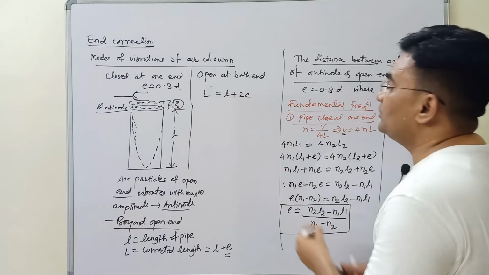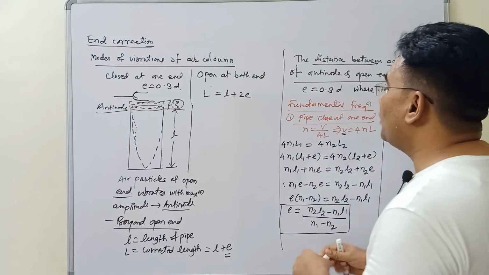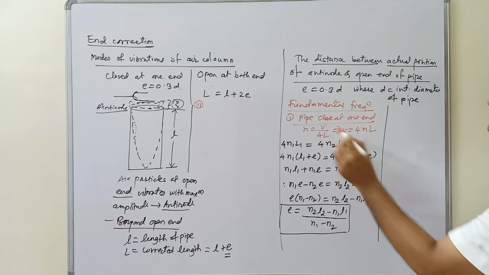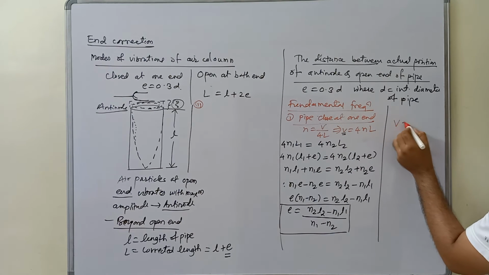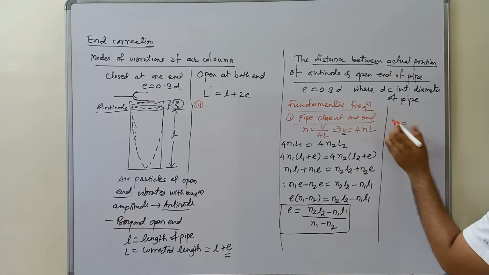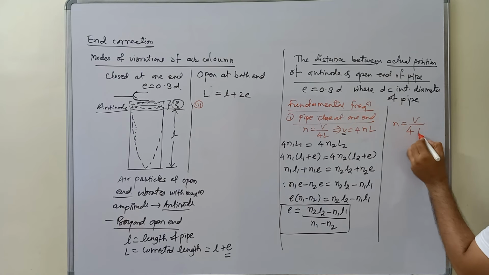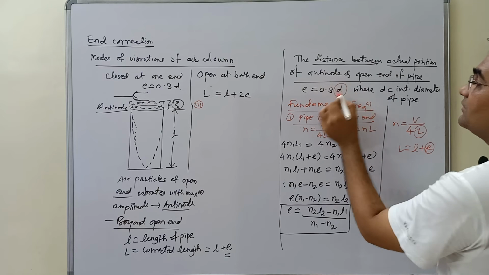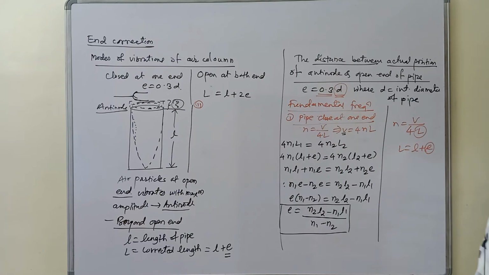Whenever you perform any experiment related to a pipe, the length L should always be l plus E, where E is 0.3 into the internal diameter of the pipe.